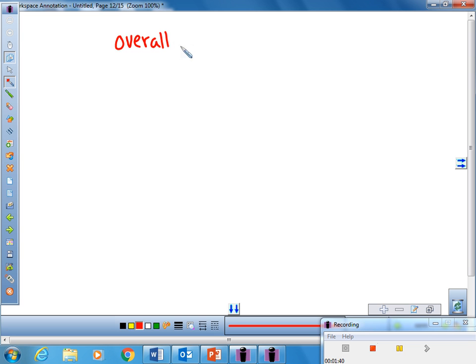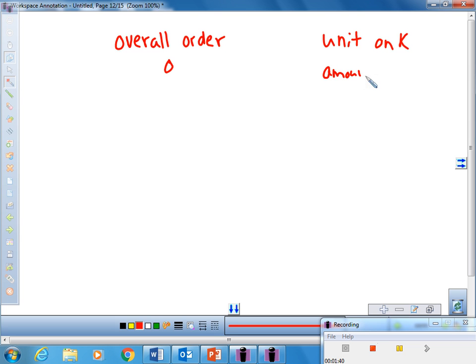Overall order and units on K. So we'll talk about zero order. Well, in a zero order, it's just going to be rate equals K. So whatever unit your rate is, that's the unit of your K. So it's going to be some sort of amount, and it's going to be per some sort of time unit, such as molarity per second, grams per year.